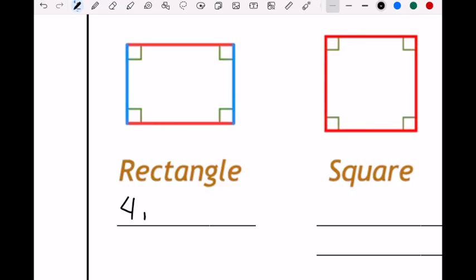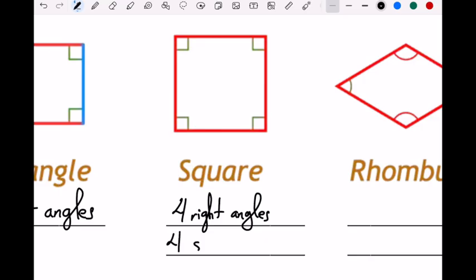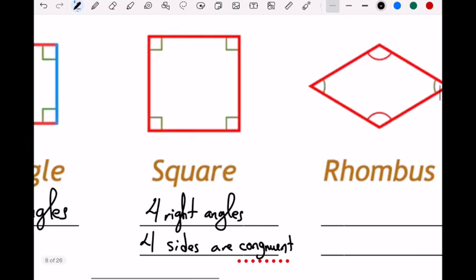So, rectangle. A rectangle has four right angles. That is the definition that we're going to be using for rectangle. A square has four right angles, and also the four sides are congruent.